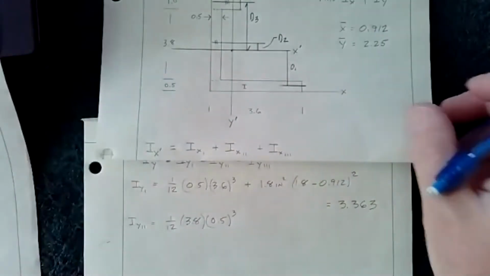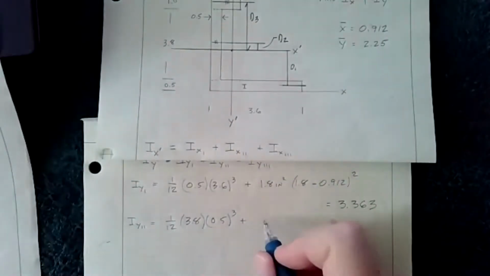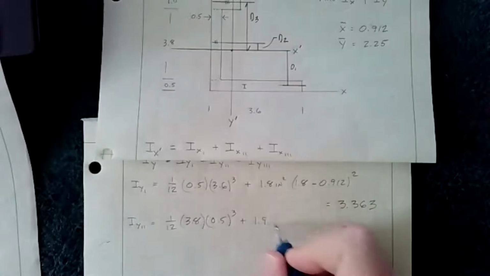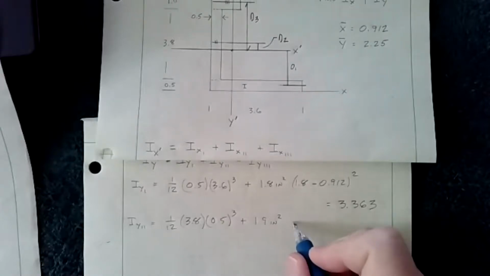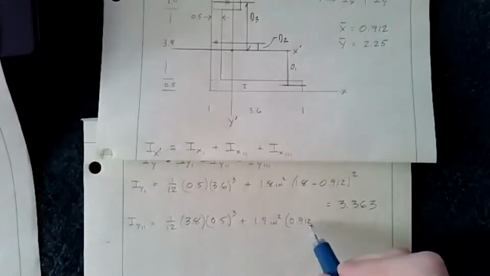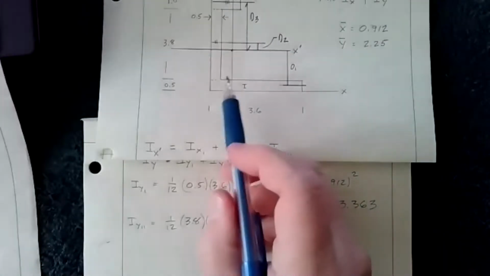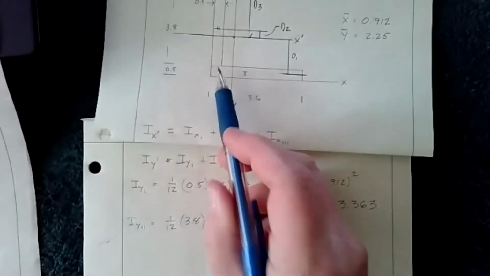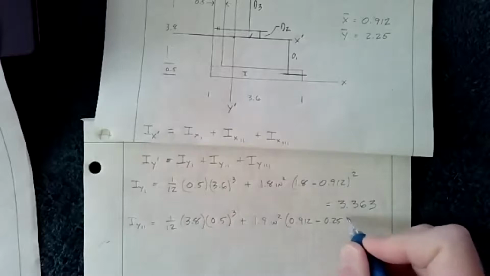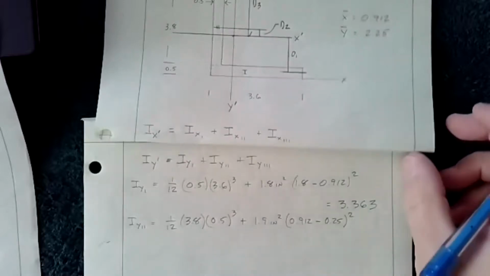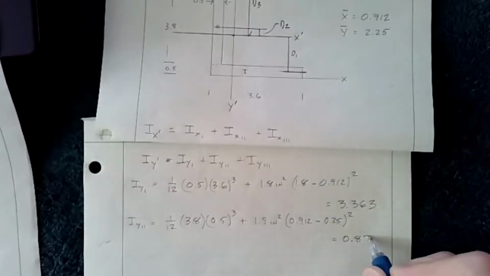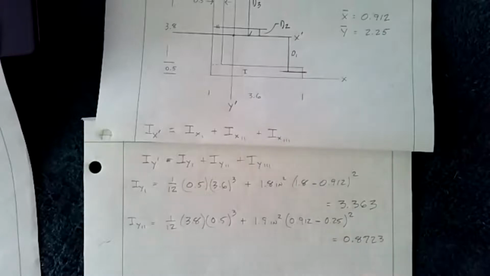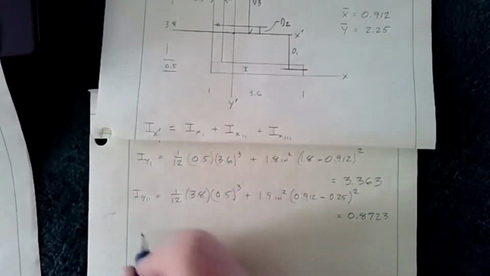So turning it back, we have that, and then plus, now we know the area of this section is 1.9 inches squared, and then we know that it's going to be 0.912. That's the x bar, and then its centroid, because it's only 0.5 thick, it's going to be 0.25 as far as its centroid goes, and that's going to be squared. All right. So that value is equal to 0.8723.